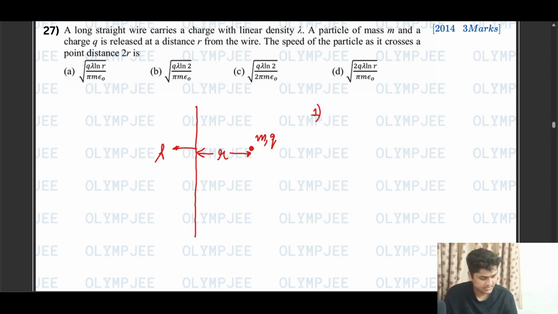So first method is the field due to this would be given as 2kλ/x at any distance x. So the acceleration would be given as v dv by dx.